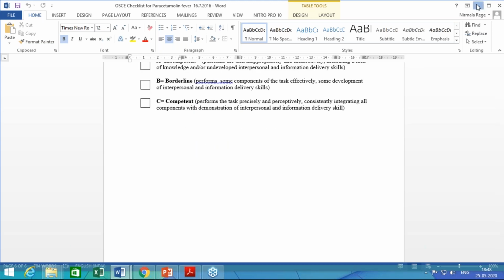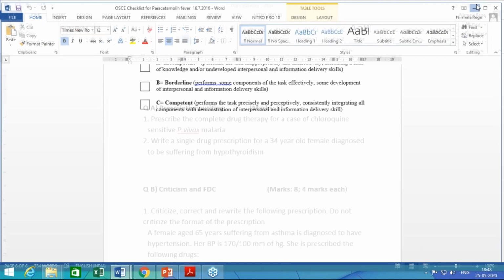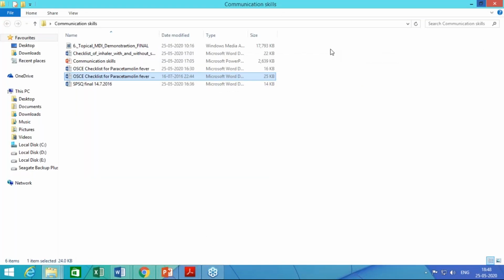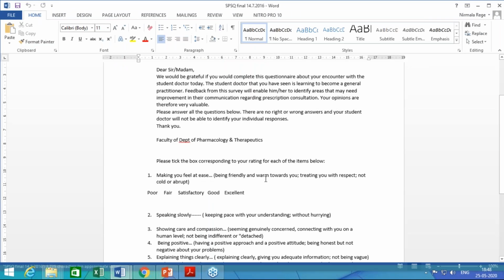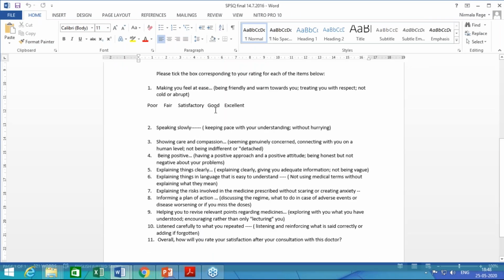On the other hand, the SP questionnaire was for the residents, and we made it 11 items, rated on poor, fair, satisfactory, good, excellent. This is regarding their skill of delivery, because they didn't talk about the content.